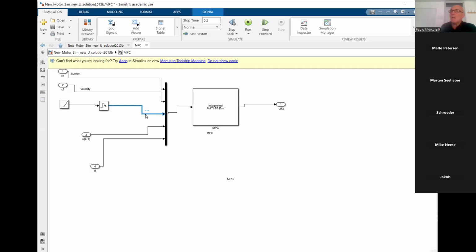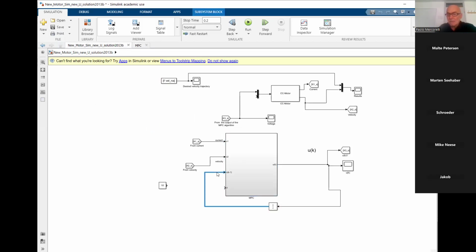Here in the ramp, the time is in the ramp and the sampled ramp. And then we have a U k minus 1. And the disturbance, if you have a disturbance.